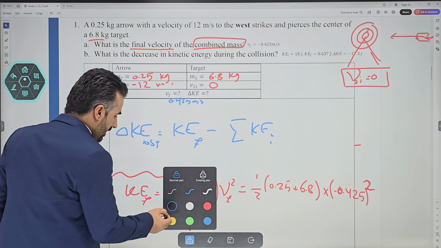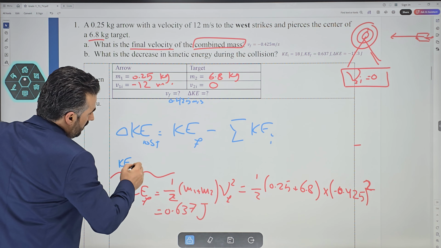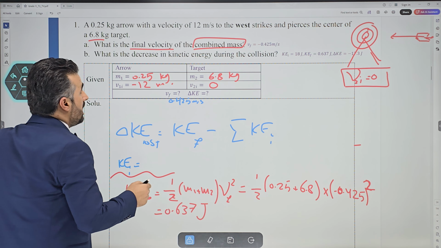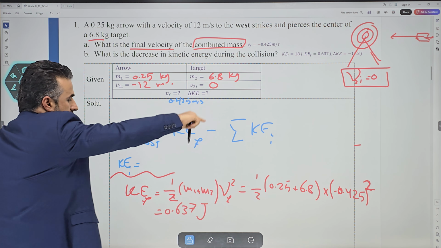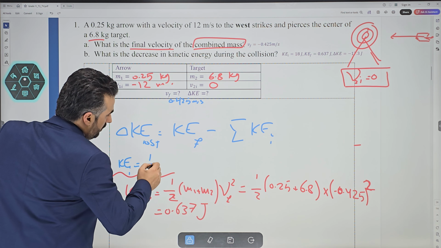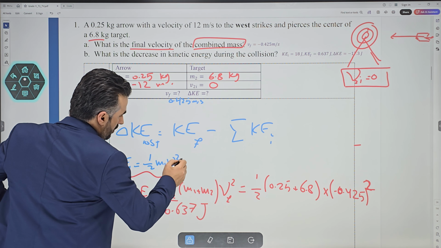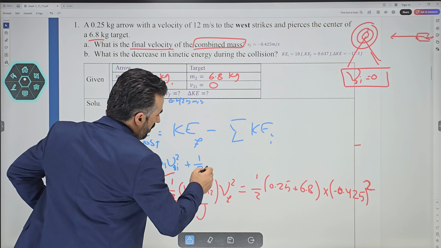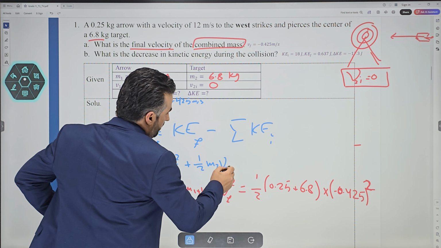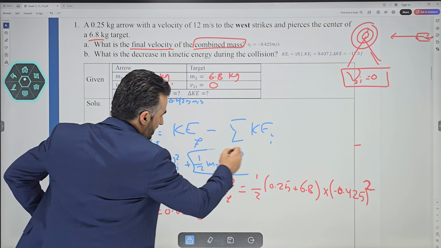What about kinetic energy initial? I'll do that here. We have two objects, even though the target is 0, so you don't have to write this one. So 1 over 2 m1 v1 initial squared plus 1 over 2 m2 v2 initial squared. Because the velocity of the target is 0, this part is 0.